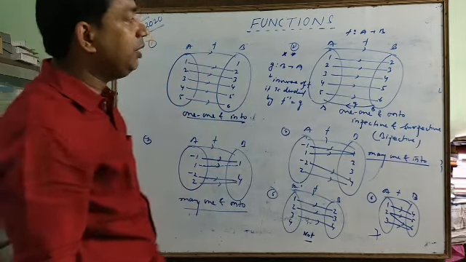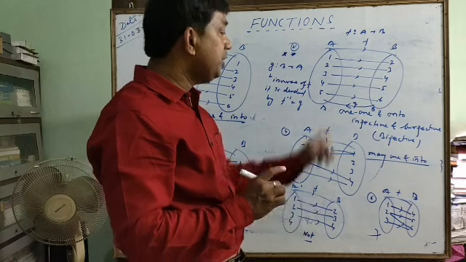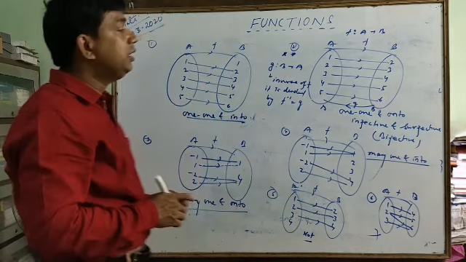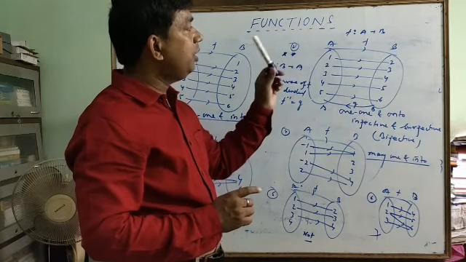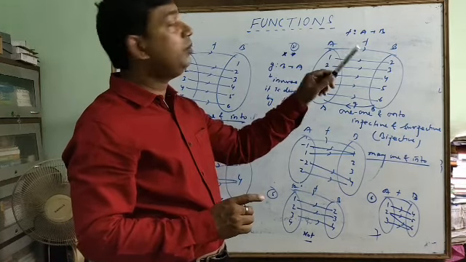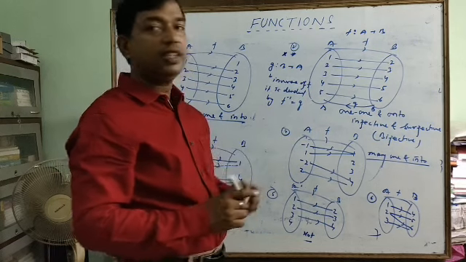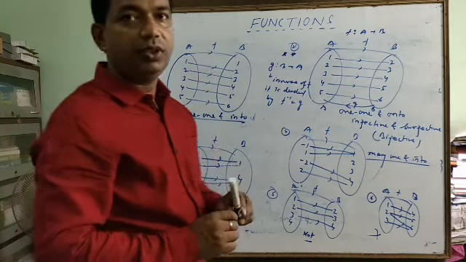And when is it invertible? When the function is one-one and onto, that is bijective, meaning injective and surjective. So if f is a rule from A to B, then g is a rule from B to A only if the function is one-one and onto, that is a bijective function.